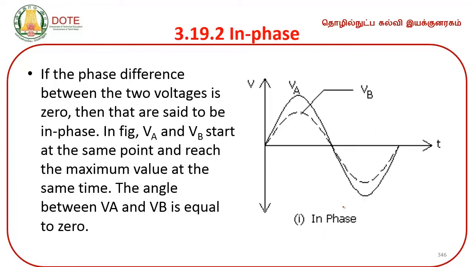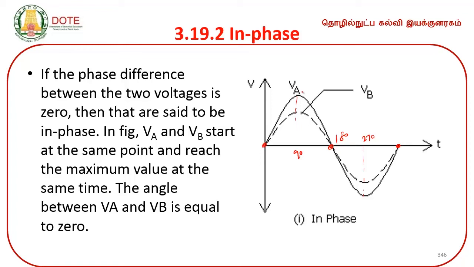Here you can see V A and V B. Both are in phase with each other, both start exactly at 0 degree, attain positive peak exactly at 90, become 0 exactly at 180, attain negative peak exactly at 270 and then come back to 0.